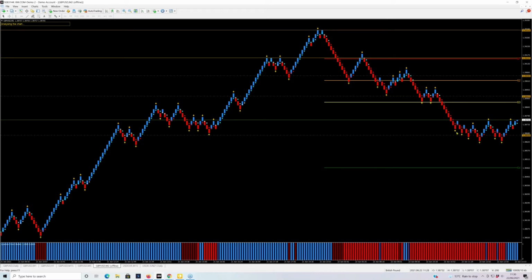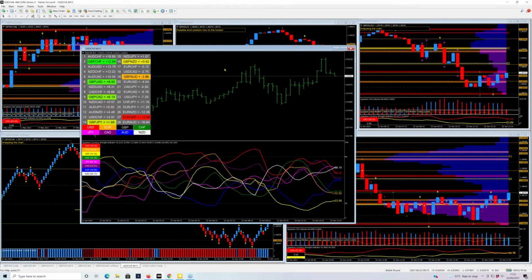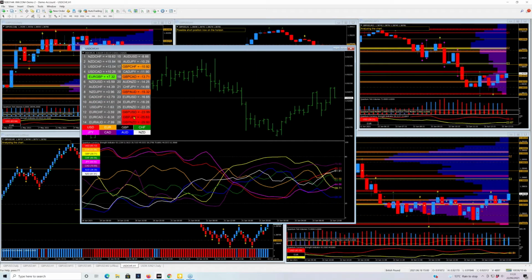Down it went. And once you start moving sideways, looking at it on the time chart, you think, aha, maybe it's time for a reversal. And in fact, if we look at the hourly, when I started, the pound cable was down here, so it's actually jumped up a little bit.